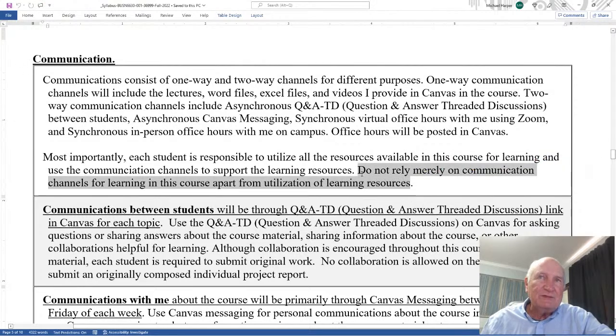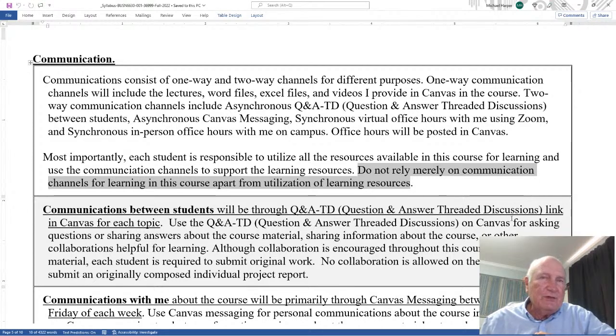What I mean by this is important. Don't just rely on communication to learn by just coming to office hour and saying, I didn't read the syllabus, I didn't read the material, I didn't watch the videos, tell me what I need to know. That's not learning. So be very careful with that.